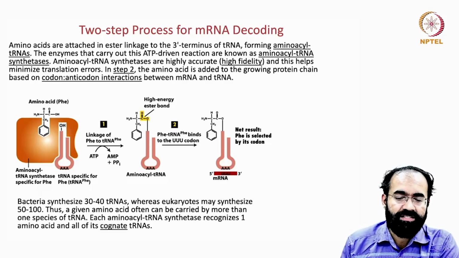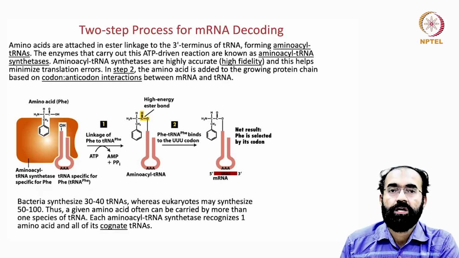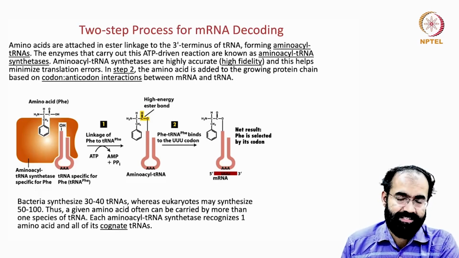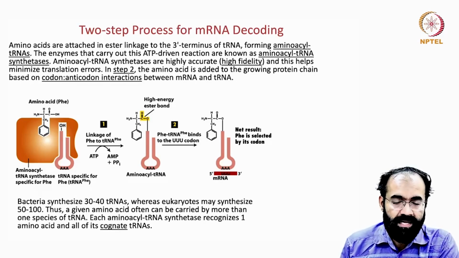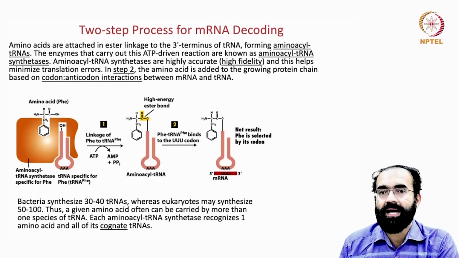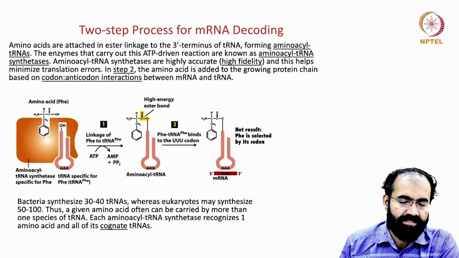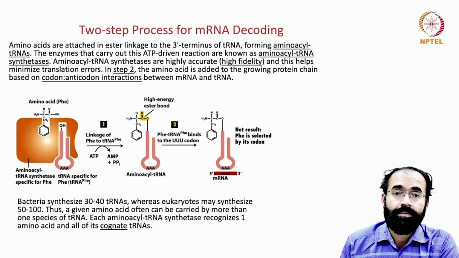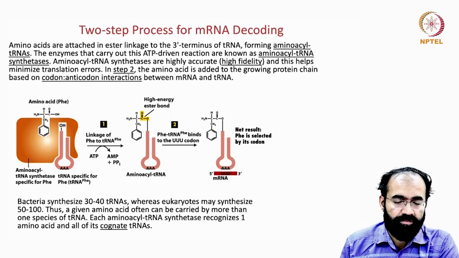In step 2, the amino acid is added to the growing protein chain based on codon-anticodon interactions that take place in the presence of the ribosome subunit between the mRNA and the tRNA. That is what you can see here. Amino acid tRNA synthetase catches hold of an amino acid and the tRNA, and creates the linkage of the tRNA with the amino acid, and this tRNA has to pair in the right place.